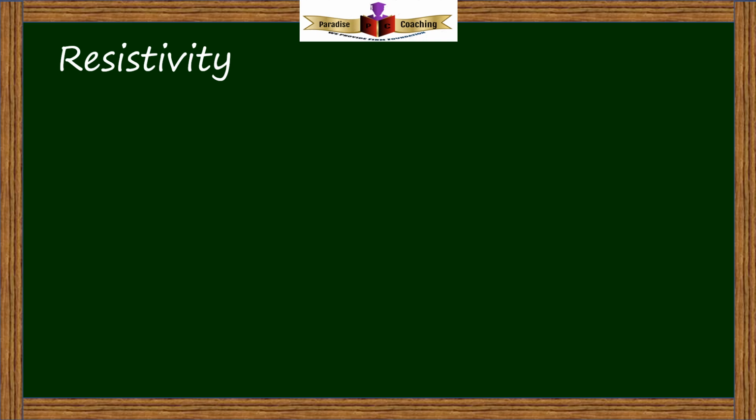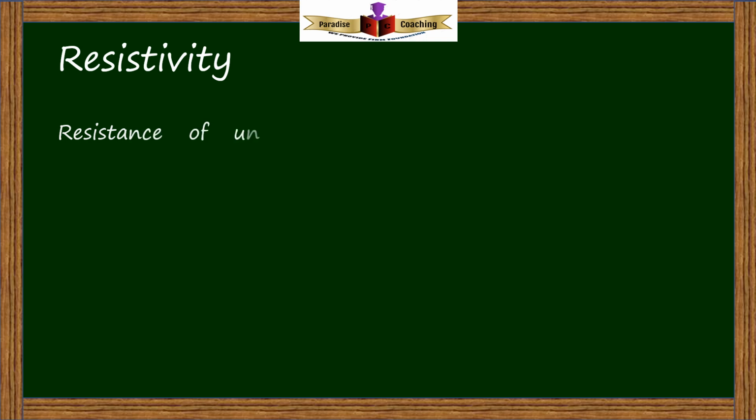How does it differ from the word resistance? On what factors does the resistance of a conductor depend? So let's quickly find out what I mean by this word resistivity. And naturally resistivity relates to resistance.